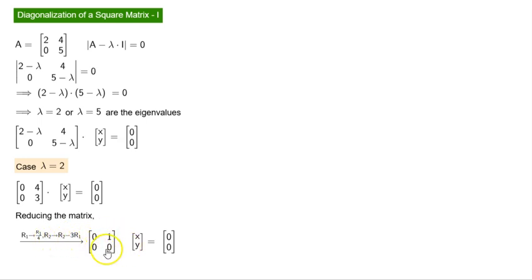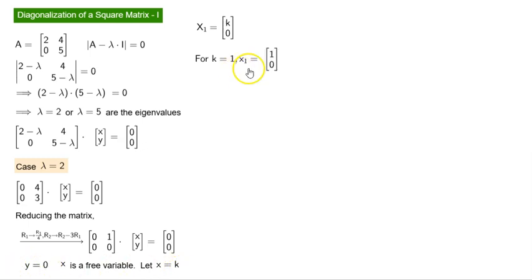We get 0, 1, 0, 0. 0x plus 1y equal to 0. That means y is equal to 0. x is a free variable. Let x equal to k. So x1 is equal to k, 0.